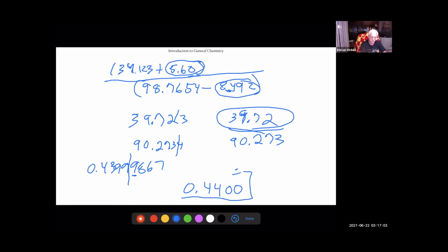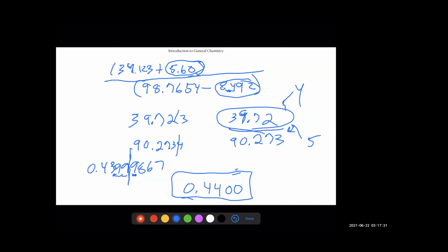That rounds up to 4 significant digits, so 0.4400 is what that rounds off to. And that's 4 significant digits, which is the number right here. This has 4, this has 5 down here, so you're only good to 4 significant digits. So it's good right to here, and this rounds up. So it rounds up to 0.4400.